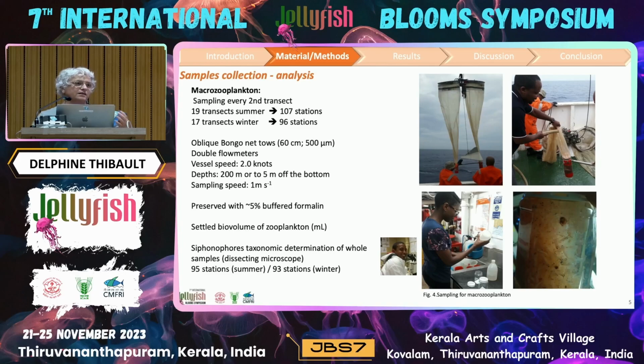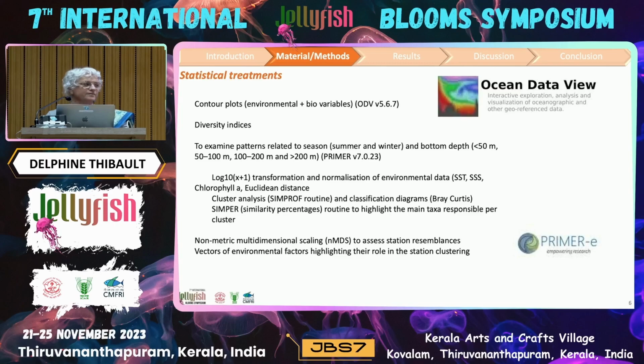And with Dylan, whom I supervised, we looked at the siphonophore population: 95 stations in summer, 93 stations in winter. I have to say it's an amazing piece of work. We did some statistical treatment, it's ongoing work, so I haven't done everything yet, but mostly.